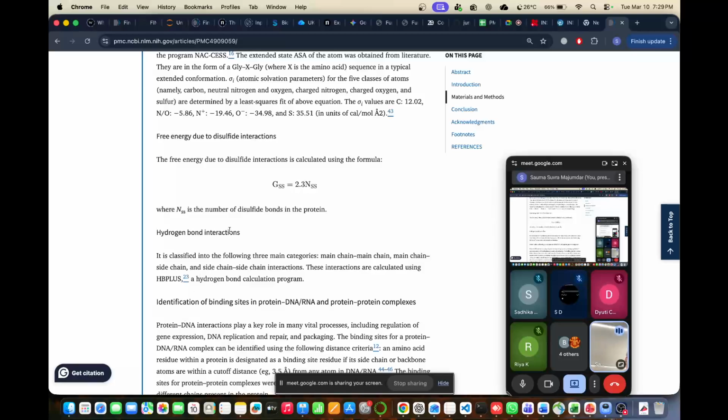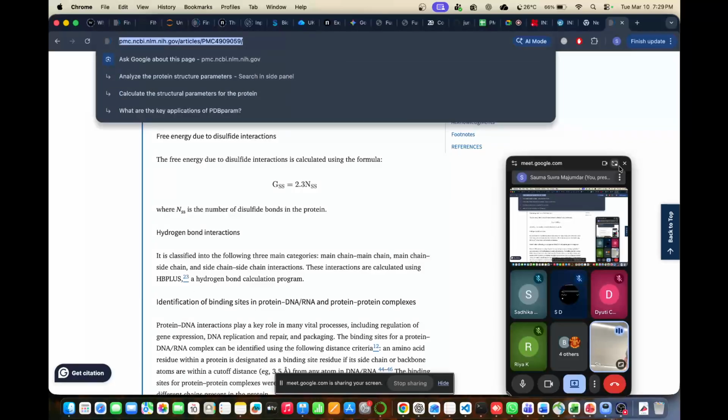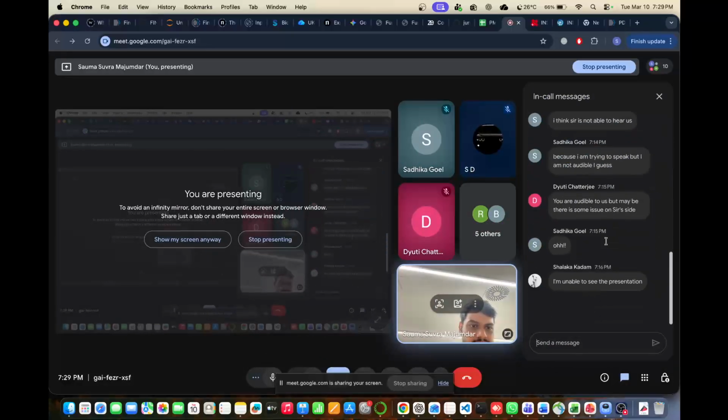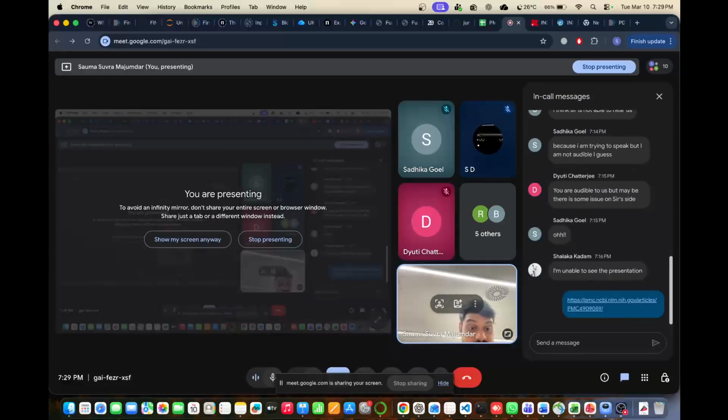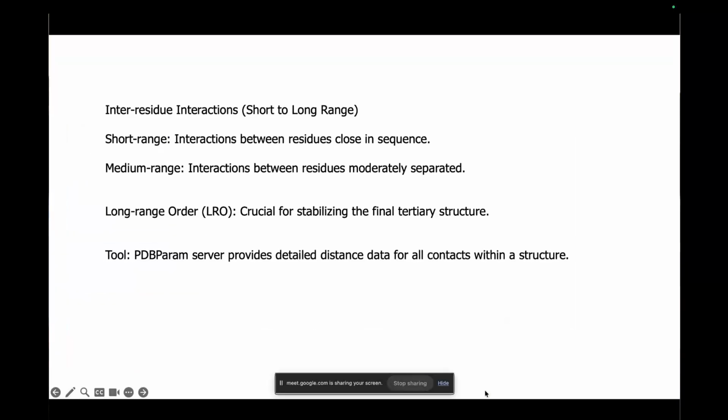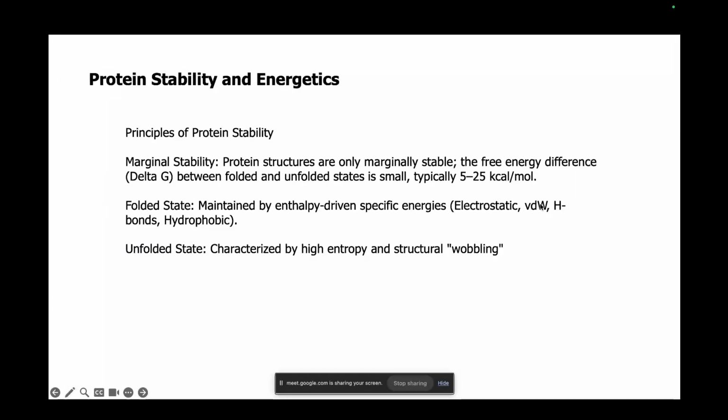So a huge chunk of these parameters are involved in predicting how good a particular protein structure is. Okay. After that, we talked about the energy, what different types of energy we are looking at.